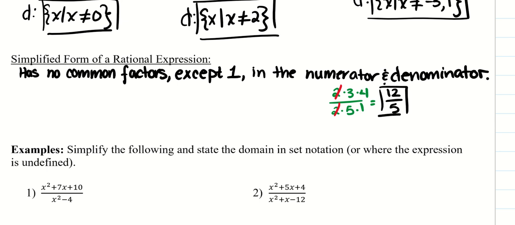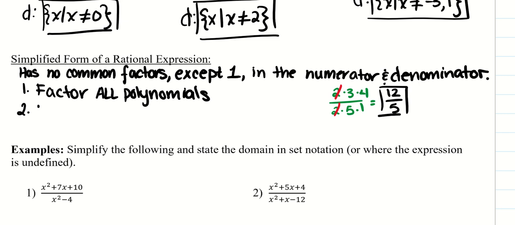Okay. So in terms of that, the first step when we're looking at polynomial functions is to factor all polynomials, which means we're going to factor the polynomials in the numerator and the denominator.